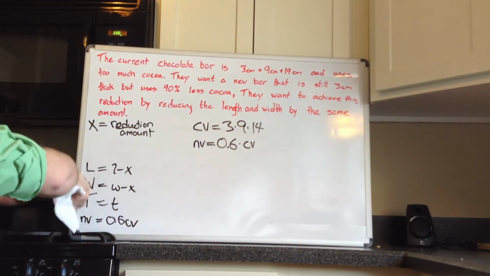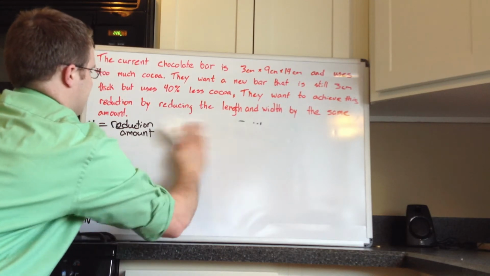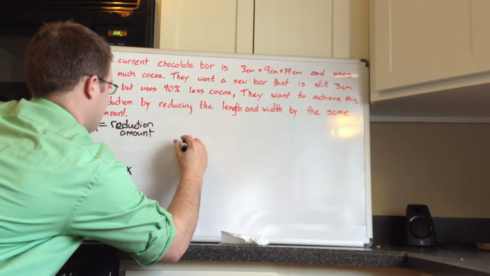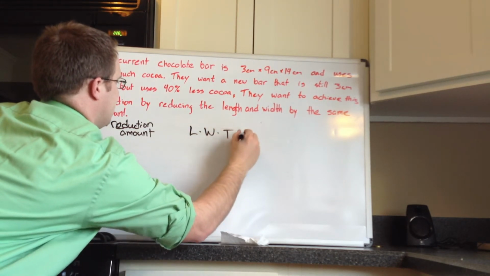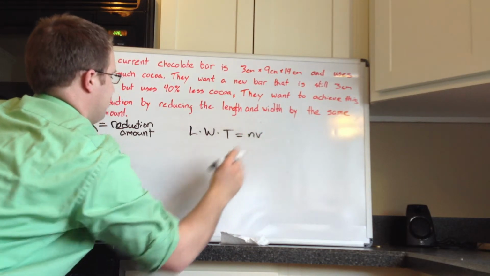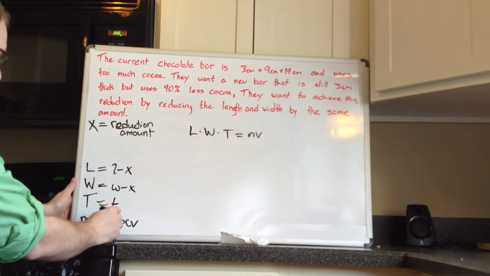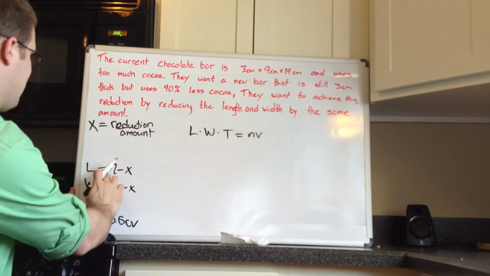So now we have everything we need to plug all this into one equation. This is all the stuff we know about the new bar. So the new length times the new width times the new thickness is going to equal the new volume. You already have a number for the new volume because you know what the current volume is and you can multiply it by whatever the percentage is. The trick is here.